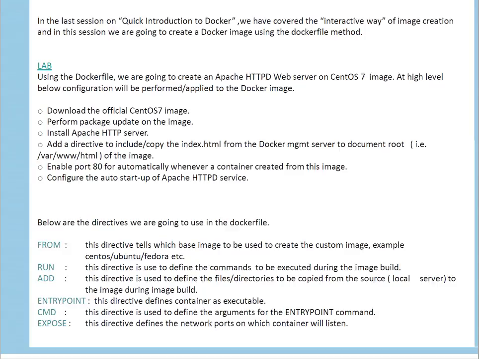Then install Apache HTTP server. Then we are going to add the directive to add or copy index.html from your Docker management server to the document root on the image. Document root is basically /var/www/html, which is the default location.